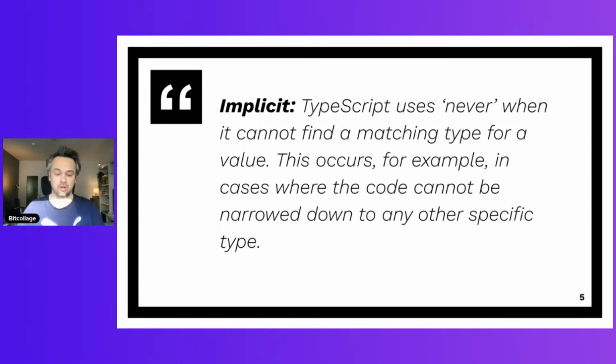In the context of implicit, you don't have to do anything explicitly. You just use TypeScript and then never appears, and you don't know why. This is when TypeScript says, okay, this is never. We will look into some examples so you will understand what I mean. Without typing never, it will produce a never type.